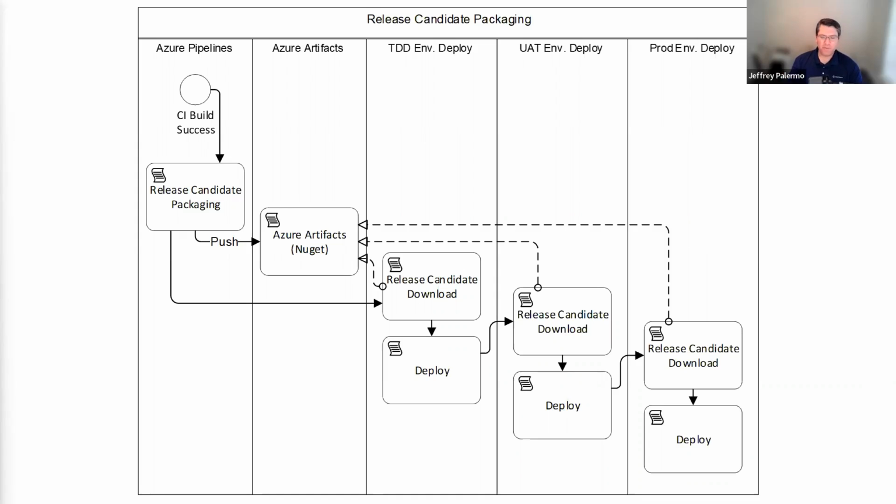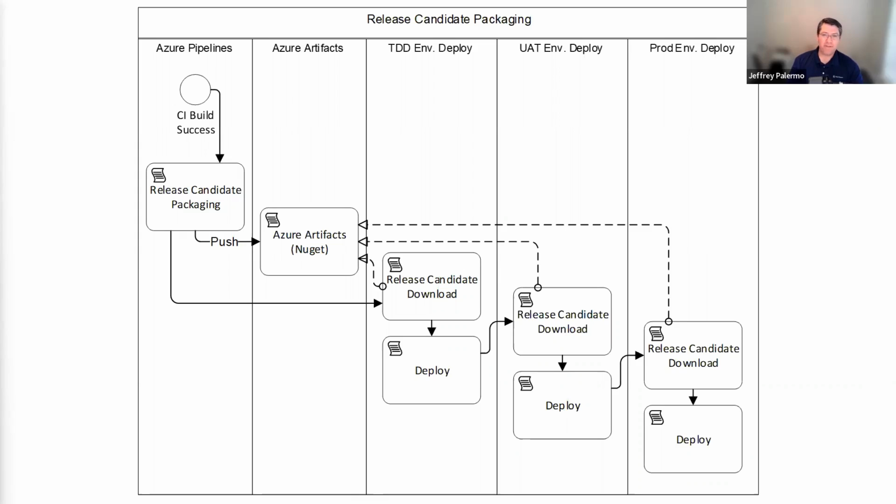Now, there are other solutions, but if you're using Azure Pipelines, Azure Artifacts is the go-to store. It is a full-blown NuGet server. So when we deploy to a particular environment, we have our automation go to Azure Artifacts and ask for the release candidate of application A, version such and such. Then our automation script deploys all of the deployable packages of that release candidate to the target environment.